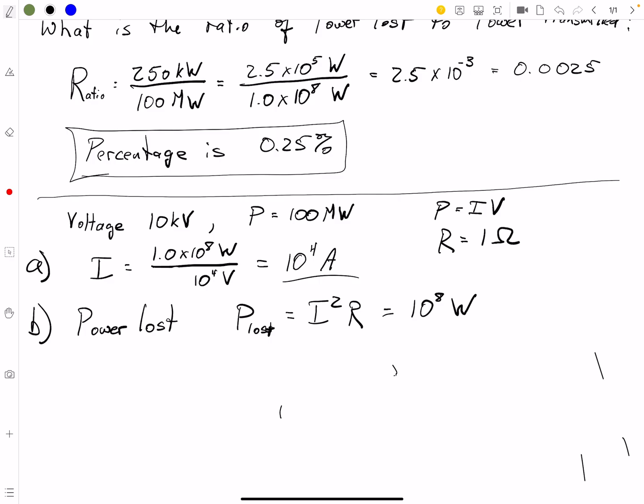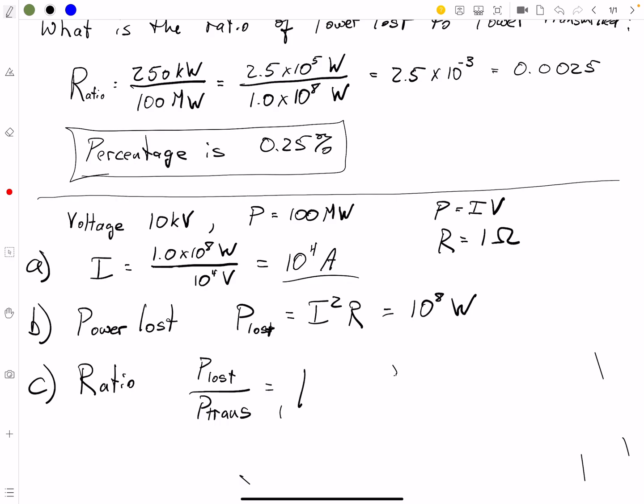So every single thing that we did, what's the ratio? Well, the ratio of power lost to power transmitted is equal to 1.